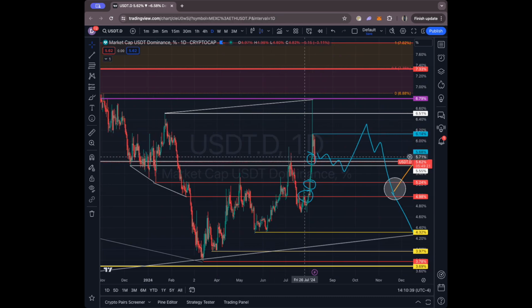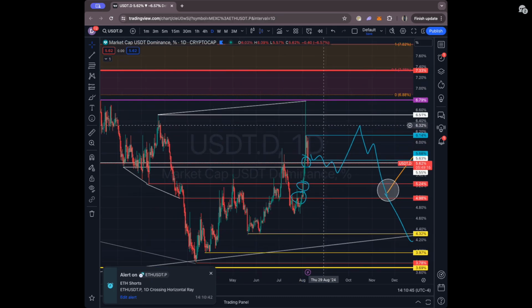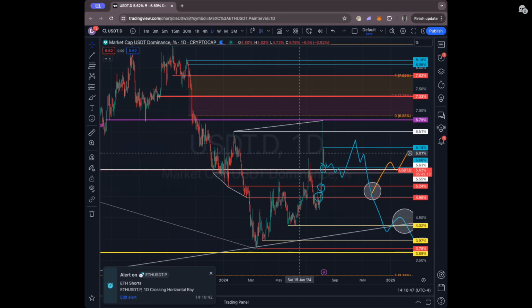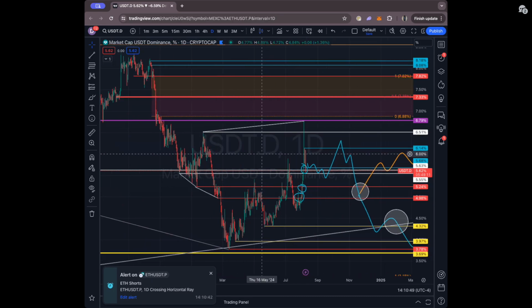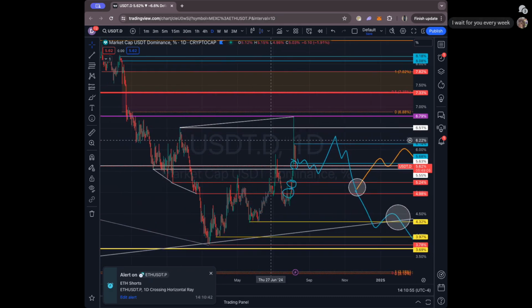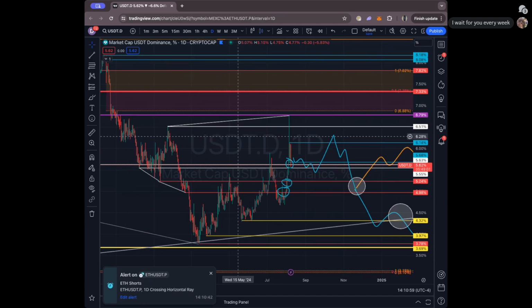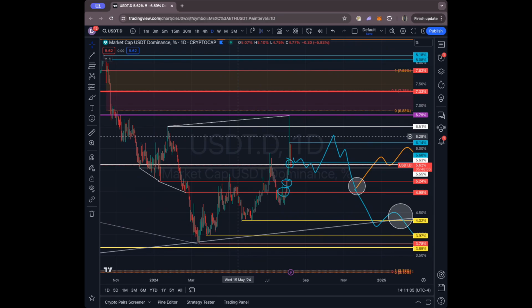So USDT dominance here. This level I had circled. Actually, I circled it when we took the 6.5%. For those of you who don't know, USDT dominance is the chart that represents the effective percentile dominance of US Tether against the crypto market.